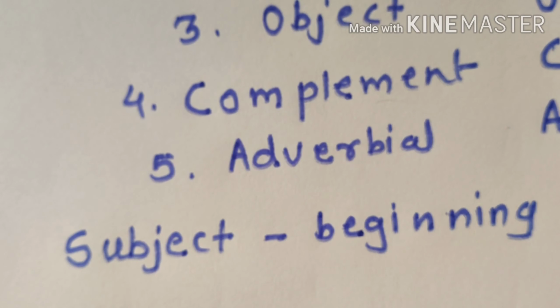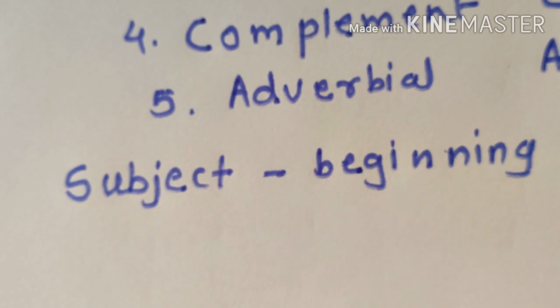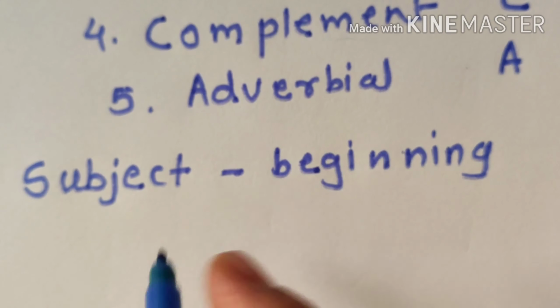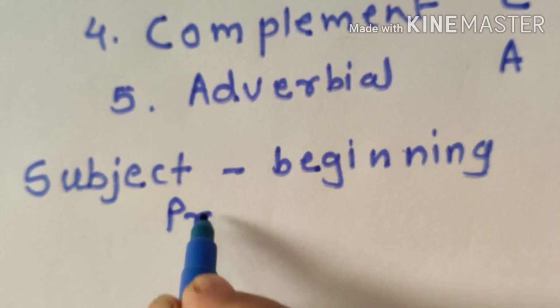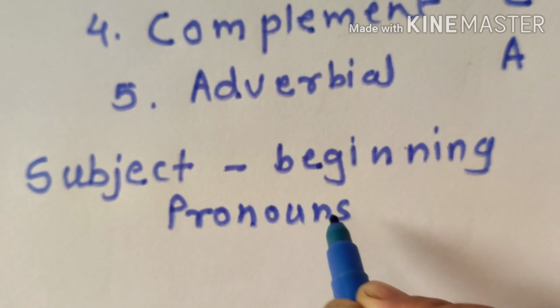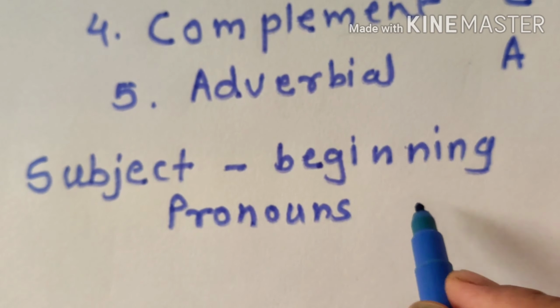Then what can be the subject? Means what kind of words can be used as the subject? The words used as the subject can be pronouns, for example, I, we, he, she, it, they, you.